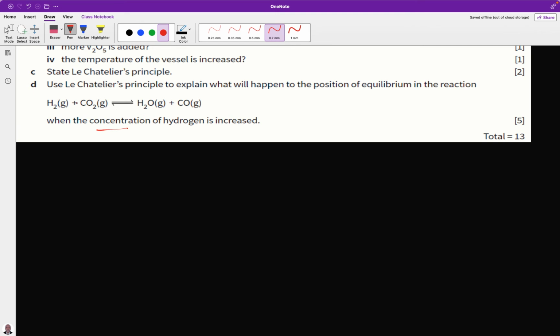More of the reactants, the hydrogen and carbon dioxide, must be used up for more steam and carbon monoxide to be formed. In that case, a new equilibrium is established.